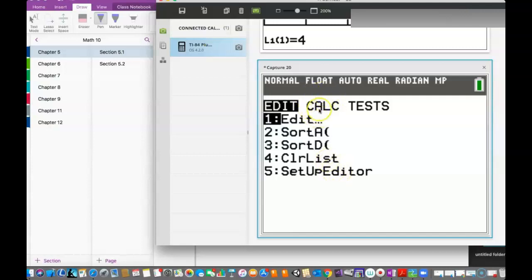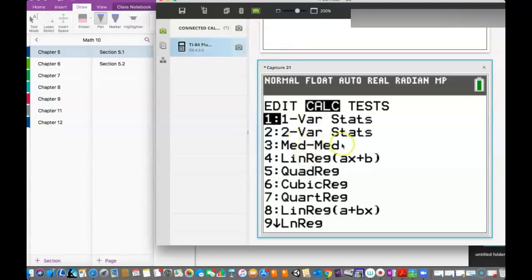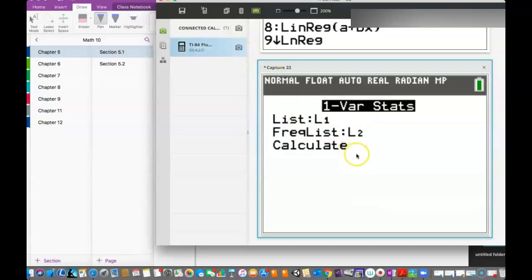And then you need to choose this calc. So move to that point. Okay, here is what you should have. Now choosing the first one, 1-Var Stats, press enter. Okay, here is what we have.